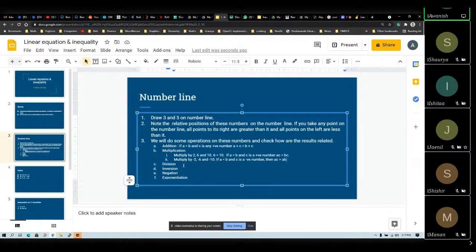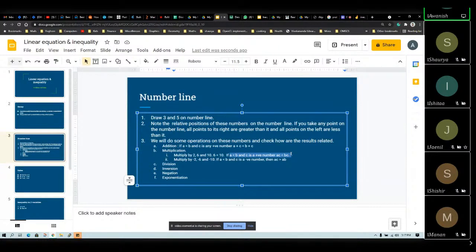How about division? Sir, it will hold true only if C is a positive number. Okay, so division by a positive number will maintain the inequality, just like the multiplication by a positive number.